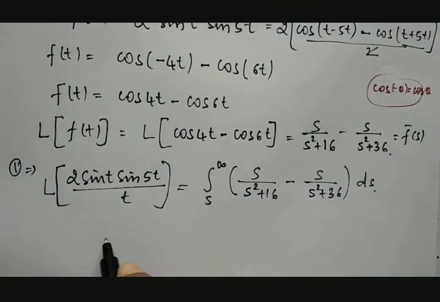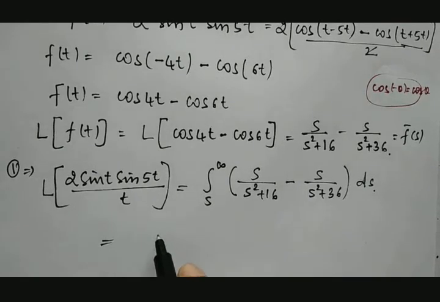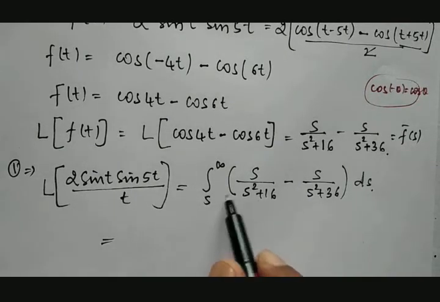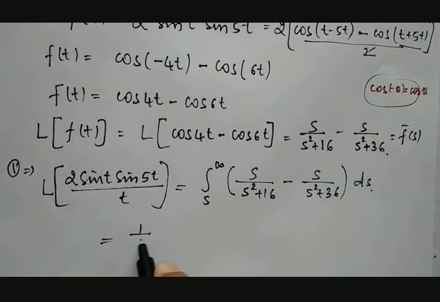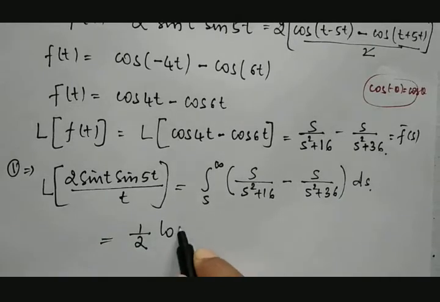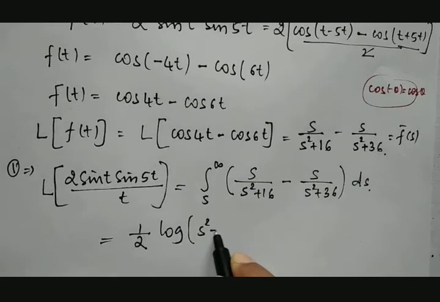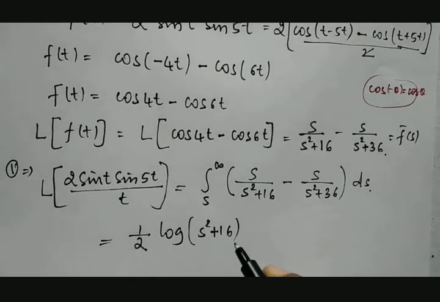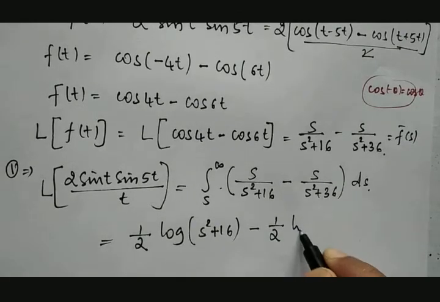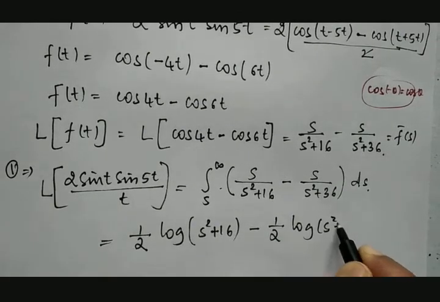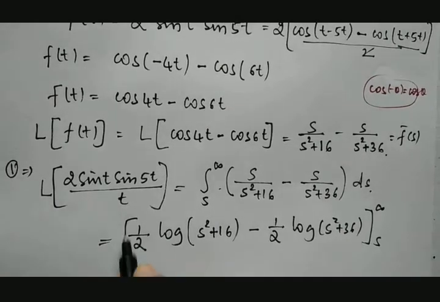Therefore, which is equal to the integration of s divided by s square plus 16, that is 1 divided by 2 into logarithm of s square plus 16, minus the integration of this, which is again 1 by 2 into logarithm of s square plus 36, between s to infinity.